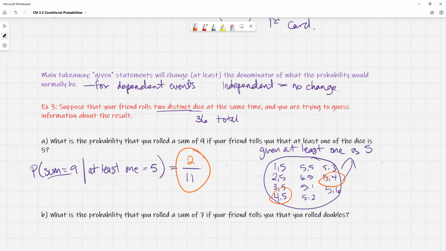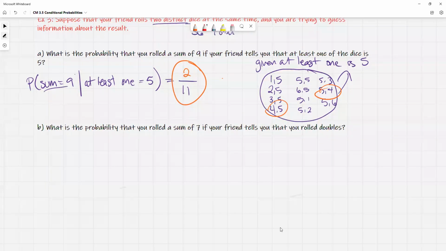Last one. What is the probability that you rolled a sum of 7 if your friend tells you that you rolled doubles? Doubles meaning we have the same number on both dice. So our outcomes are 1 and 1, 2 and 2, 3 and 3, 4 and 4, 5 and 5, and 6 and 6.